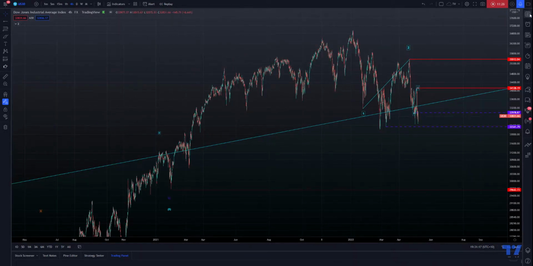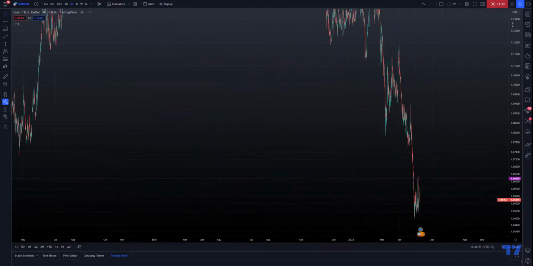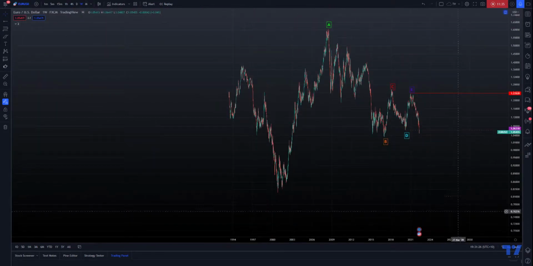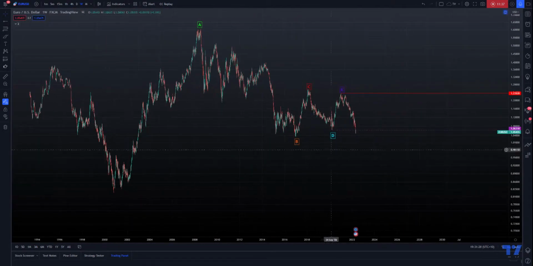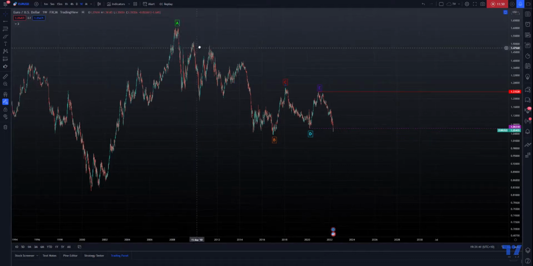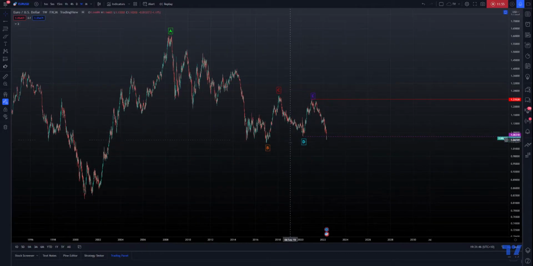Now, I'll quickly head over to the euro. Now, as you know, I've been tracking this particular market for a while, and my latest analysis on this one is just a matter of keeping it very simple. This pattern, this corrective pattern appears to have started around 1980s, 85, I think, potentially, and it's just basically been producing this ABCDE pattern, which has just been confirmed as broken.